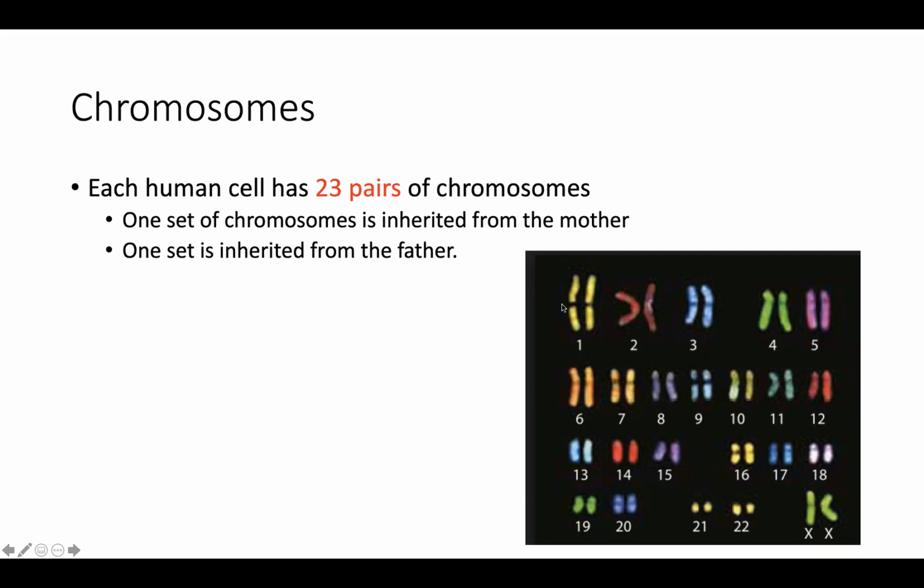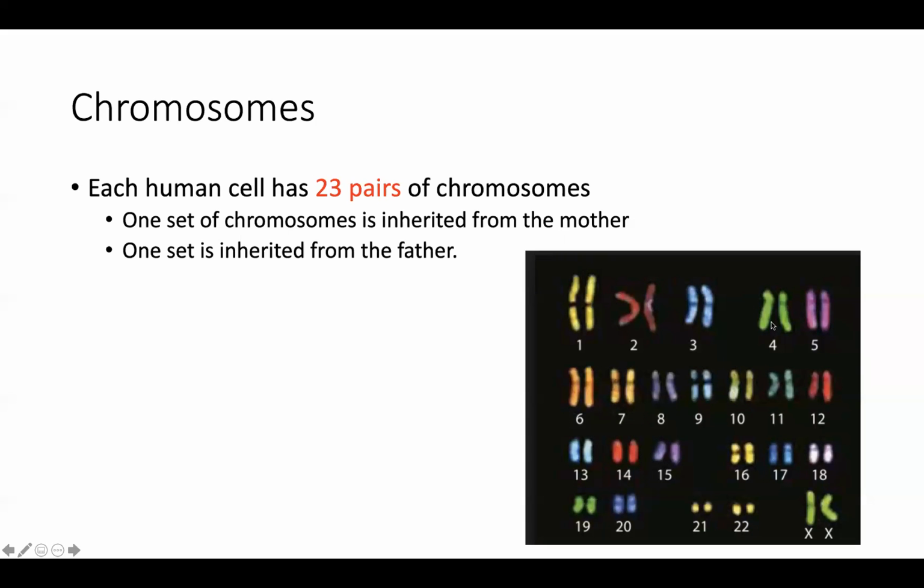We can look at these karyotypes and identify genetic abnormalities, things like Down syndrome and other illnesses and syndromes that are genetic based. If we look at the human karyotype, we might be able to identify some of those based on how things align with this karyotype.